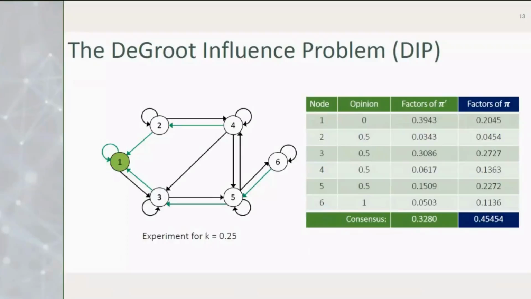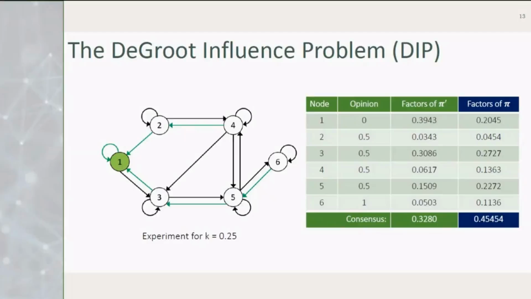The other nodes have an opinion of 0.5, while node 6 hosts an opinion number 1. So he's the rival in this case. The actions of a player are depicted in green arcs. He chose these relationships to enhance by an addition of an element k, which was defined as 0.25.